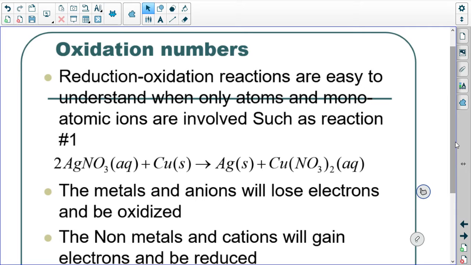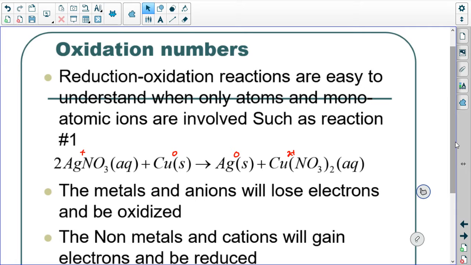We go from a 1+ to a 0 because we have a silver ion. It has one less electron than proton, and it goes to an elemental form where it has even numbers of protons and electrons. The copper goes from elemental form, no imbalance in protons and electrons, to a 2+.